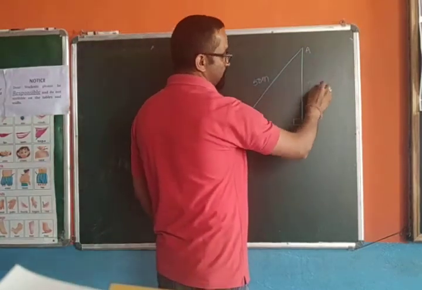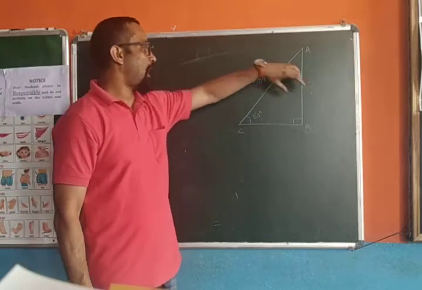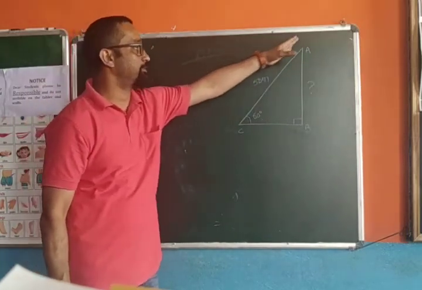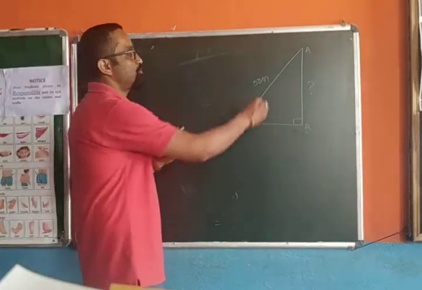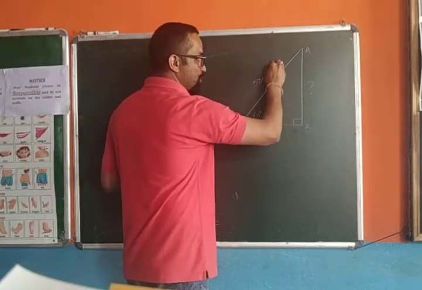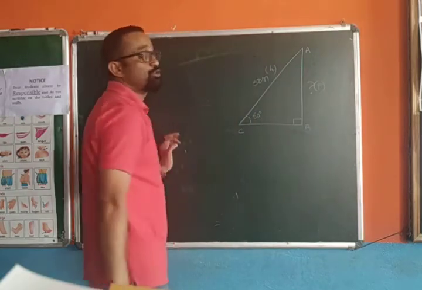Question says that the height and length of the ladder is given. So if you look at this right angle triangle, you know the hypotenuse, the perpendicular is asked to calculate.